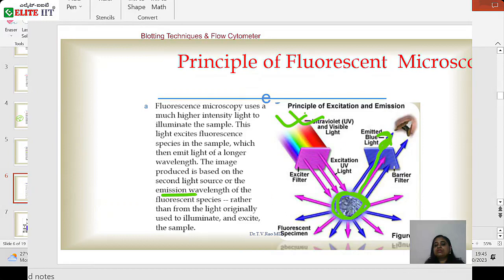The source of the light is UV, but the emission light is visible light, so you will get color. For different fluorophores, different wavelengths will be detected. The emission wavelength will be different, so you will get different colors.